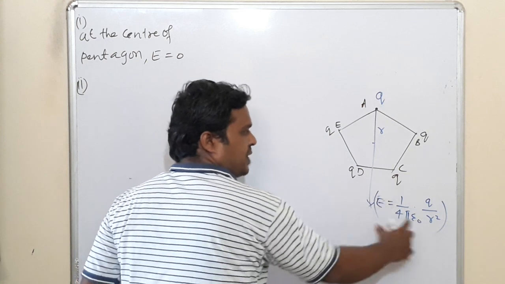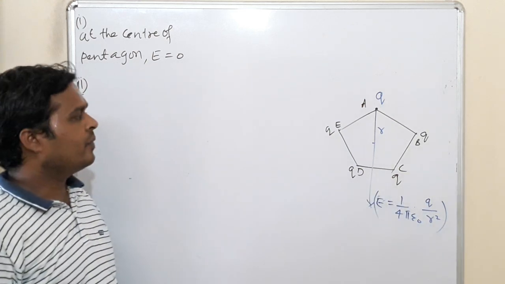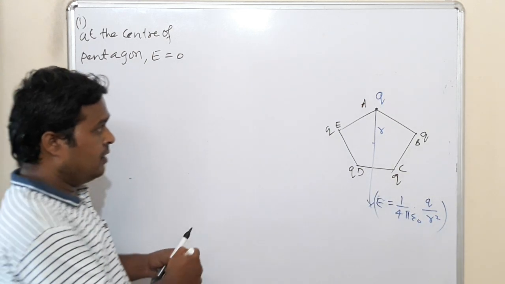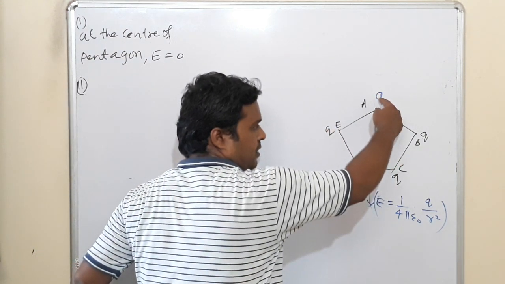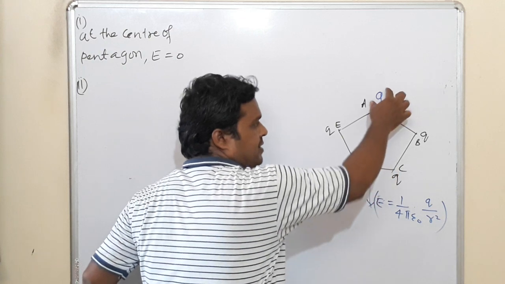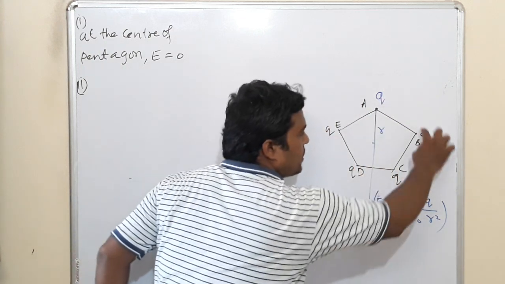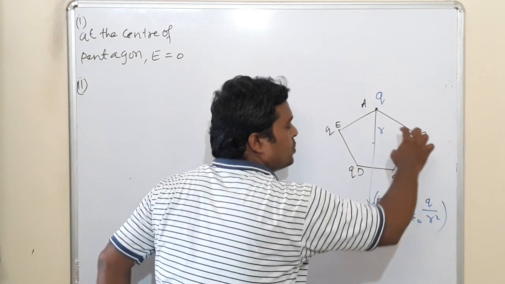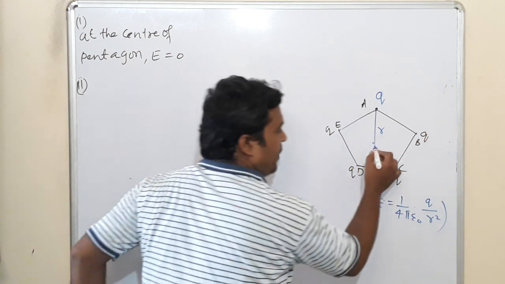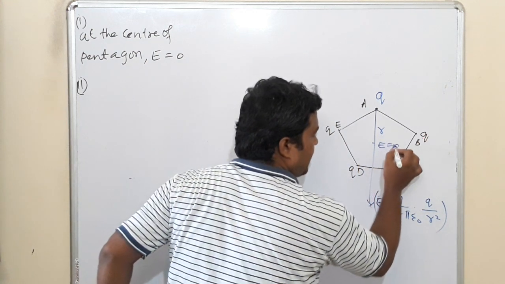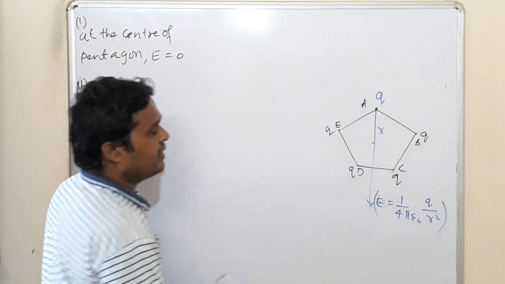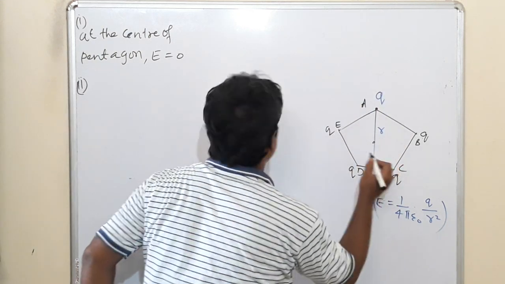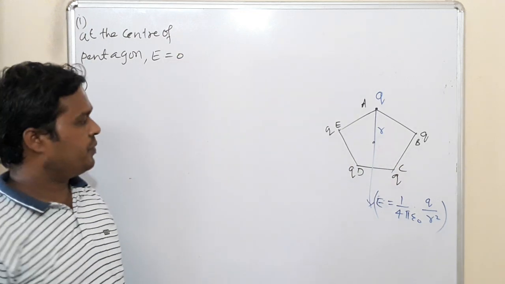Then to make the electric field at the center 0, if all the charges are present, try to understand, the center electric field is 0.